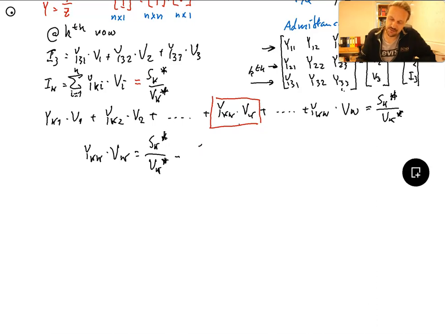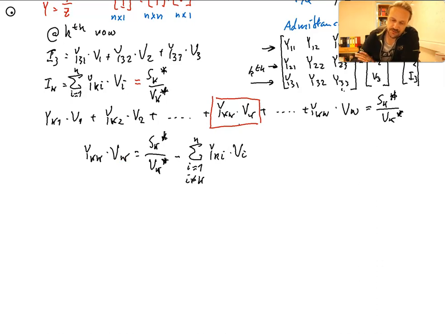So that's going to be the sum of I equals 1 to n. But here I cannot be k because that's already in this expression. So this is minus YKI times VI. Right?